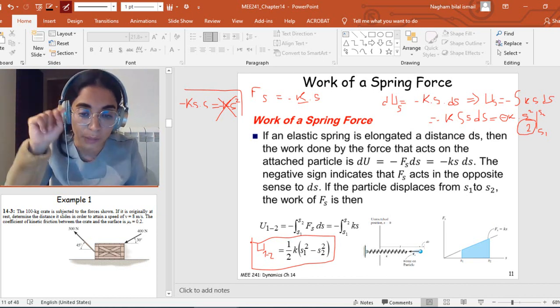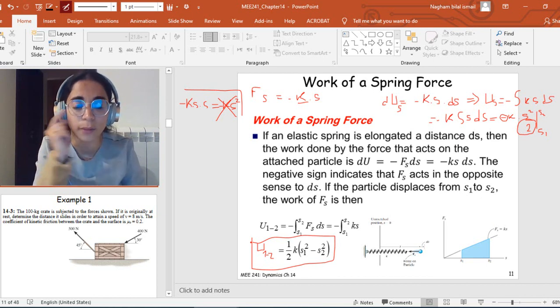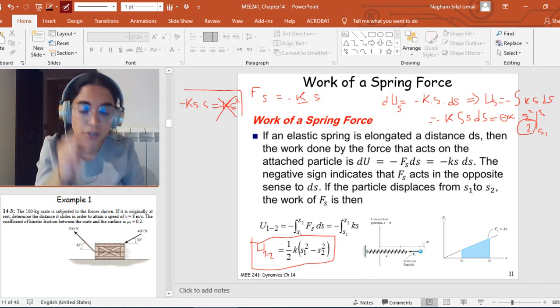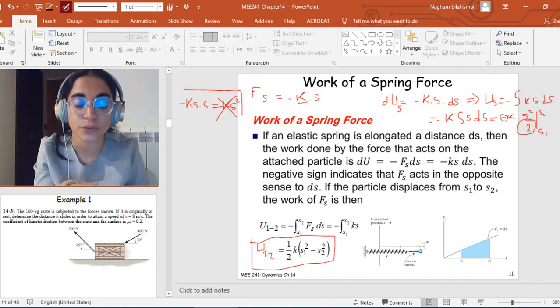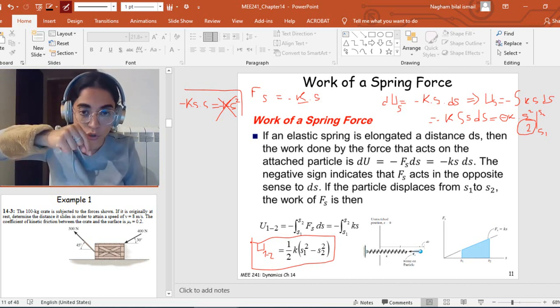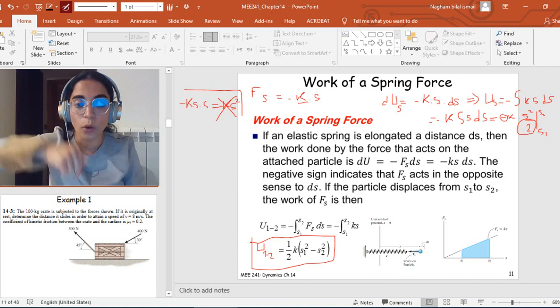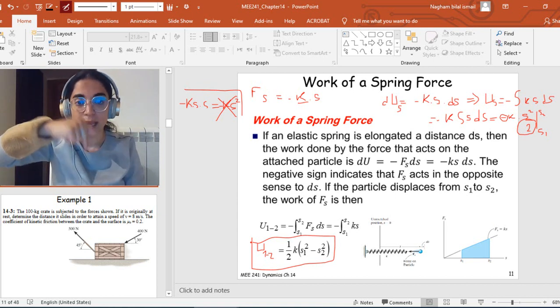I want you guys to remember from kinetics: what is s1? Most of the students had a wrong answer for s1 and s2. s1 is the current position at t1. And s2 is the current position at t2.